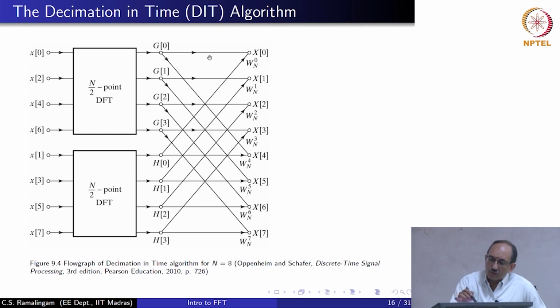So G0 plus H0 times this twiddle factor and so on. And remember, when k goes beyond n by 2 minus 1, G and H repeat. Therefore, for x4 again you need G0 and H0. So this is just a pictorial representation of that equation, as simple as that.